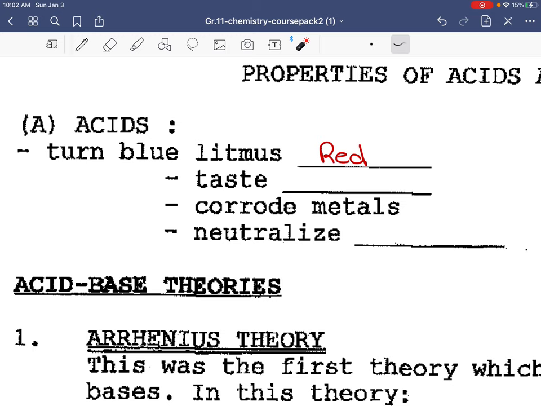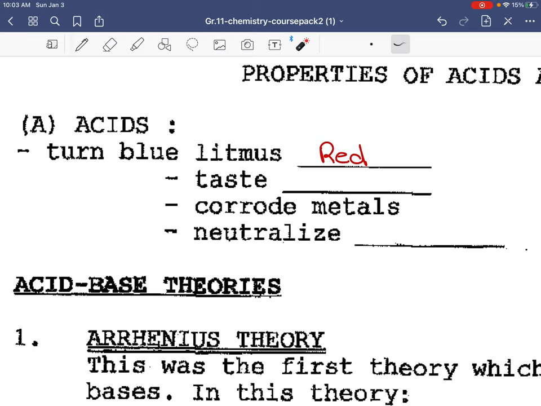But litmus paper is cheap and it is actually the fastest way to test if something is acidic or not. There's also other things like phenolphthalein, something you're going to be using when you do acid and base titration later. Phenolphthalein goes from clear to pink if a solution is basic.